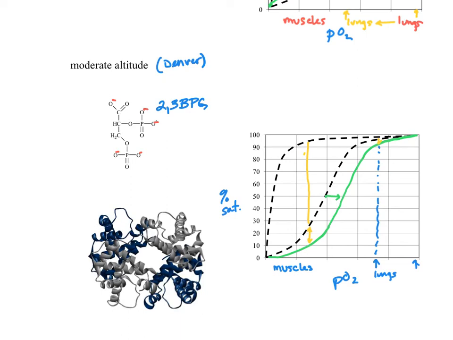And here's what happens. This compound is going to bind to a bunch of positive charges that line the interior of hemoglobin. And let's write this out. 2,3-BPG, when we make more of it, binds in the center cavity.